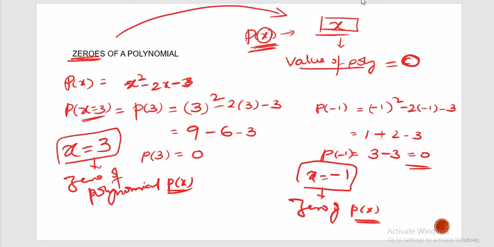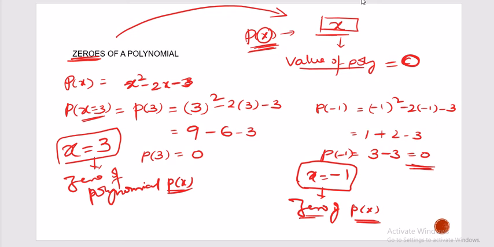Whenever you substitute a value of x, if the value of the polynomial is becoming 0, then we call it a zero of that particular polynomial, right?